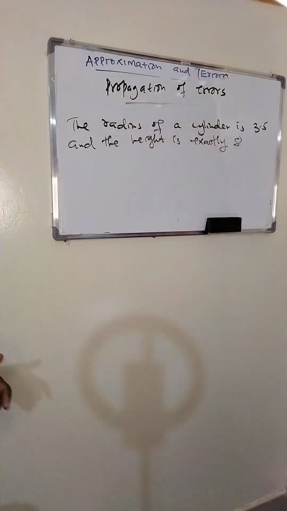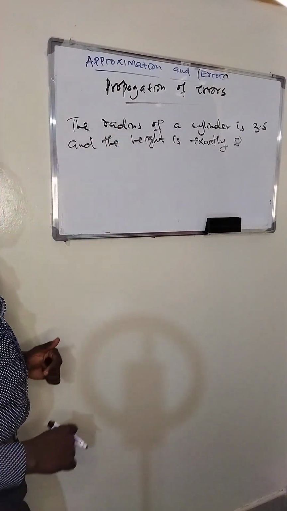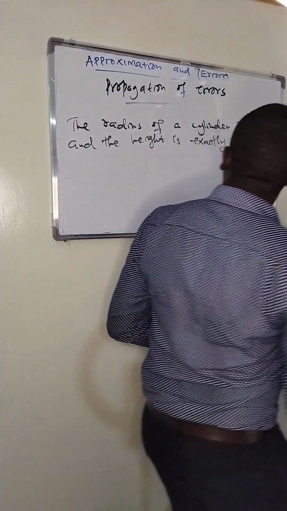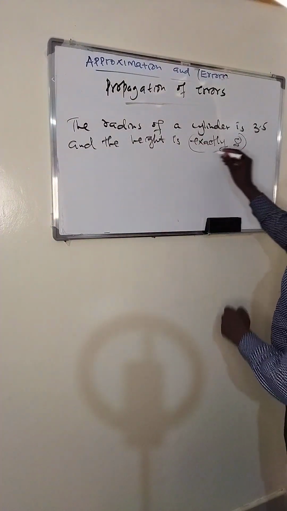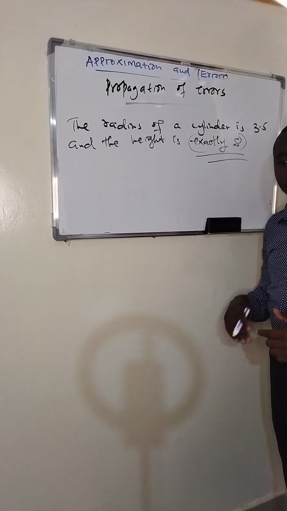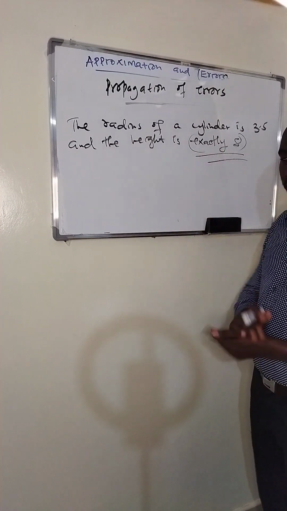Find the percentage error in the volume of the cylinder. So the key word here is exactly. So if it is exact, that means there is no error in that measurement.